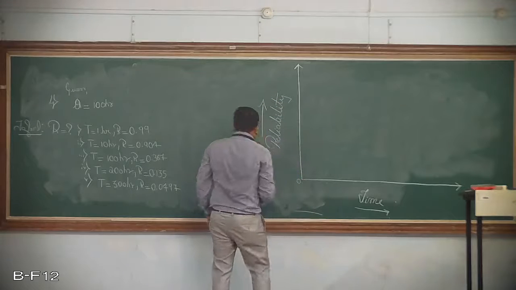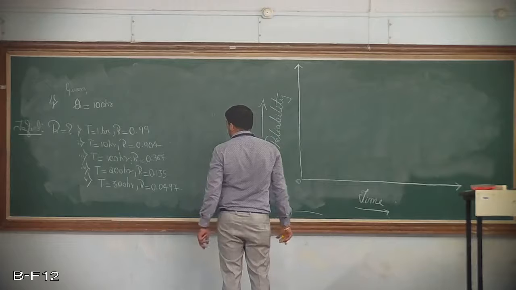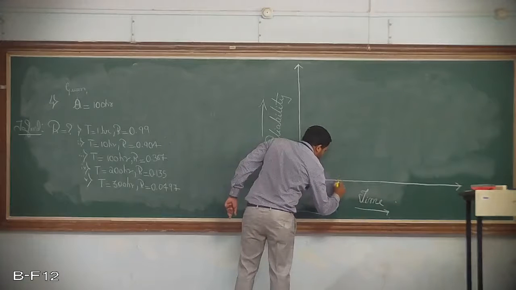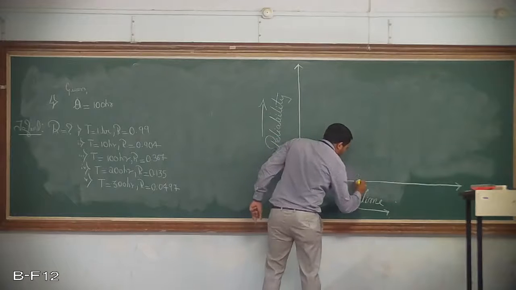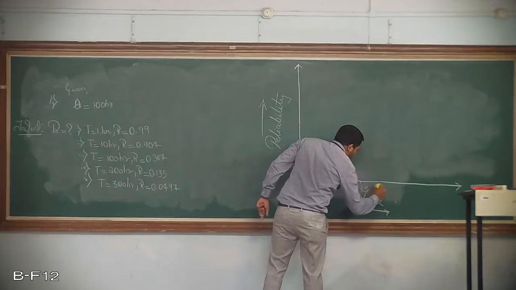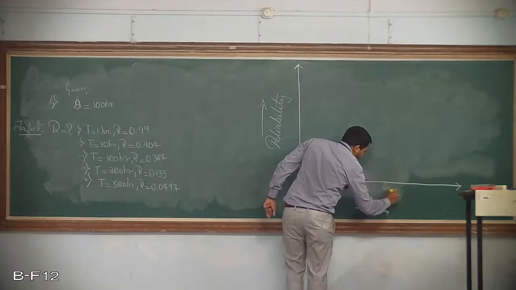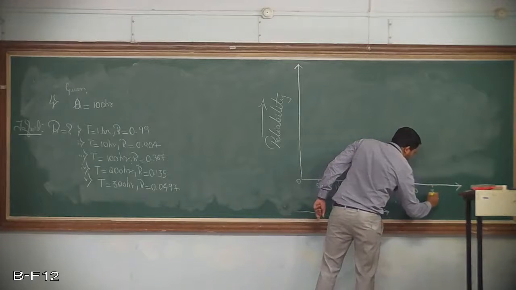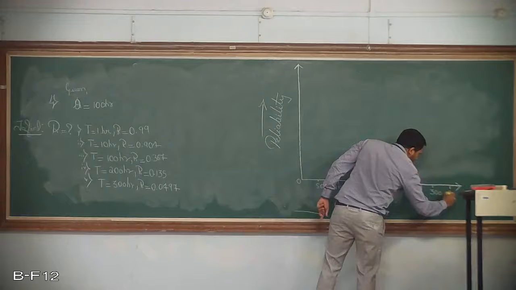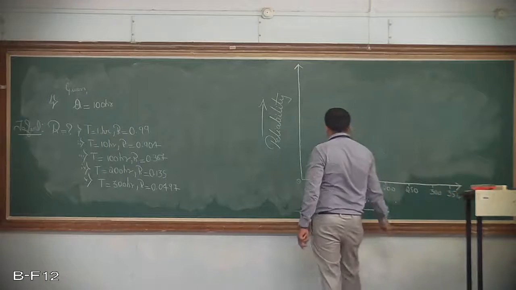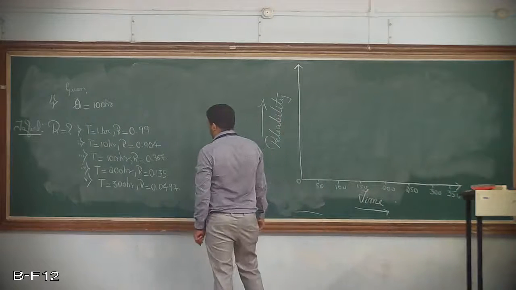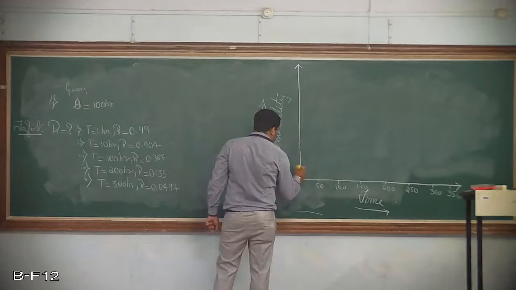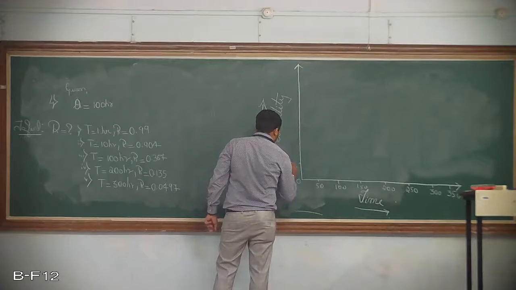So take the time axis starting from 0, and time intervals we take as 50, 100, 150, 200, 250, 300, and 350. And reliability we take as intervals of 0.5, 1.